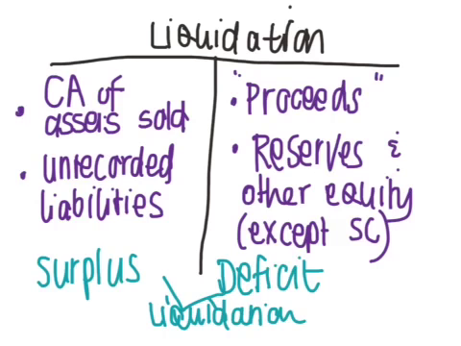We normally start off the process by closing off our general ledger accounts with regards to our assets by crediting our assets and debiting our liquidation account. So we transfer the carrying amount of all the assets sold to the liquidation account. By the time that we wrap up the liquidation, we would like to see that all the general ledger accounts have been closed off. So this is the first step.